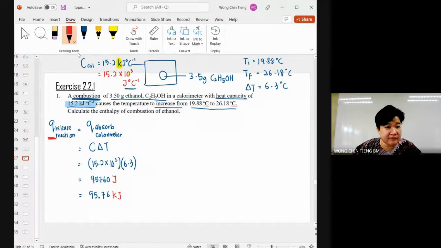Agree so far? Alright. Next, what is the question asking for? The question is asking for enthalpy of combustion. Can I have the definition of enthalpy of combustion?